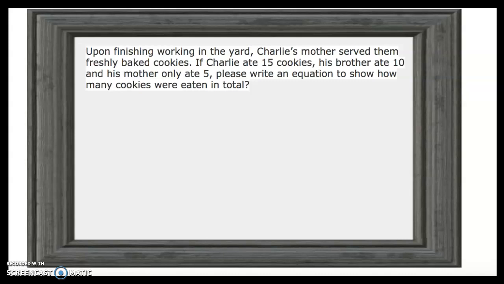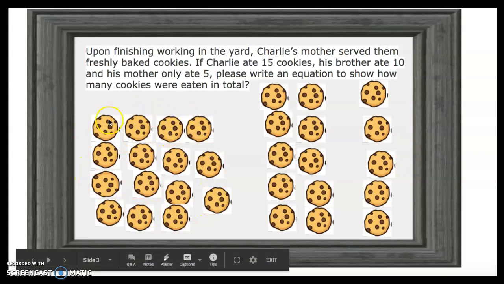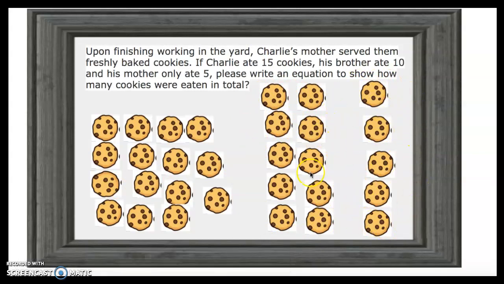And so we've already learned that some strategies we can use are to draw a picture. And there we've drawn a picture of what our story problem looks like. Charlie's mother served them freshly baked cookies. If Charlie ate 15 cookies and his brother ate 10 cookies and his mother only ate 5 cookies, write an equation to show how many cookies were eaten in total.